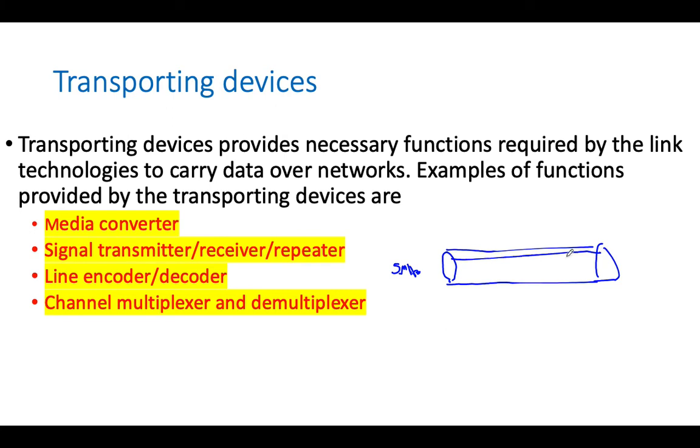I can break that down into different channels, kilohertz, like that. I can put 2 here, 1, 1, 1, like that, and assign that channel to the TV, that channel to the phone, that channel to the internet, that channel to the fax, and so on and so on.